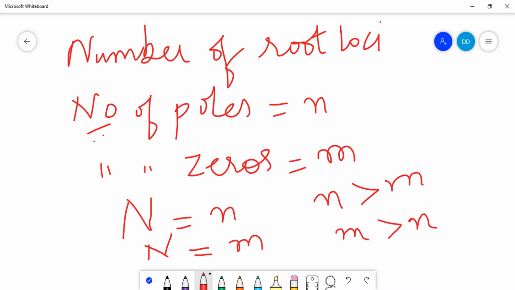So usually you will have n greater than m. This is very important to note. A complex root locus is formed between a pair of pole and zero of the open loop transfer function. So the total number of root loci will be either equal to n or m, whichever is greater.